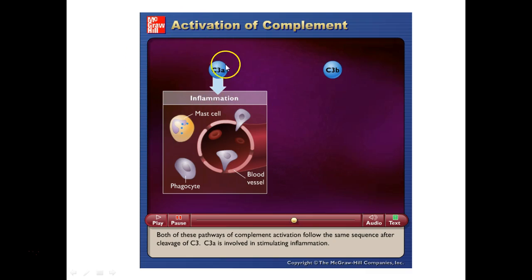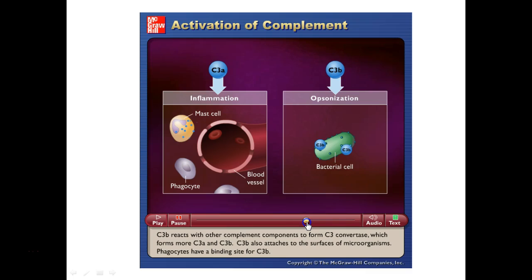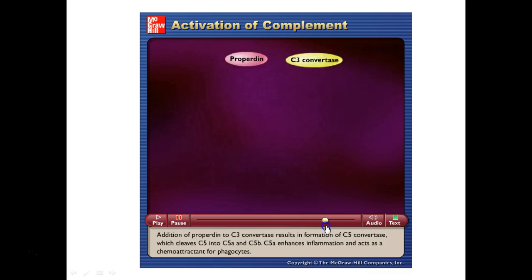So as we saw, when you have lots of C3a, you're going to get leaky blood vessels, you're going to get inflammation. C3bs are binding, they're opsonizing to bacterial cell walls if they can. And then that's going to cause them to get gobbled up and eaten by phagocytic cells.